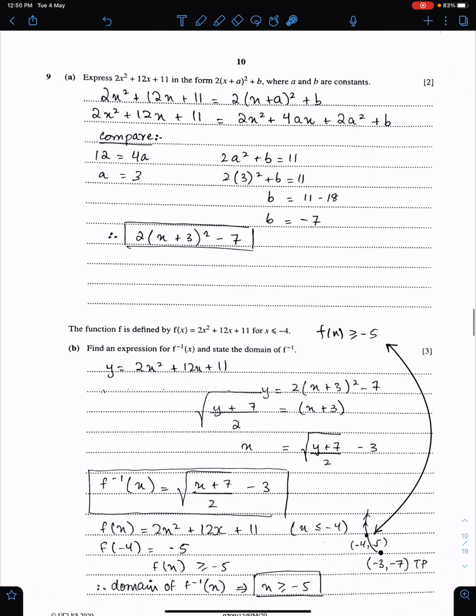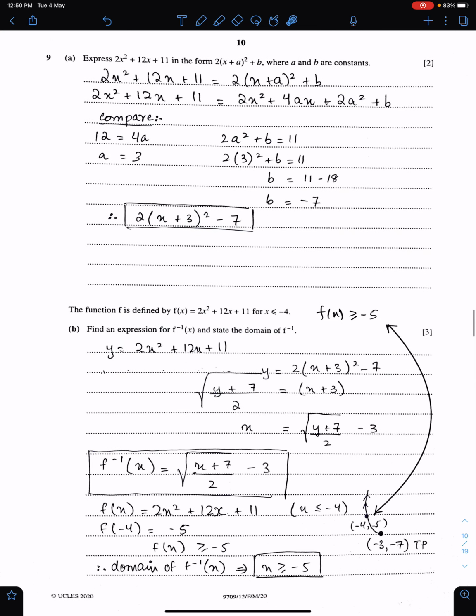Question number 9. Express this in the form... So by comparing coefficients, we can easily express this in this form. By comparing the coefficients of like powers of x on both sides, we have 4a is equal to 12, which means a is 3, and these two constant terms will be 11.